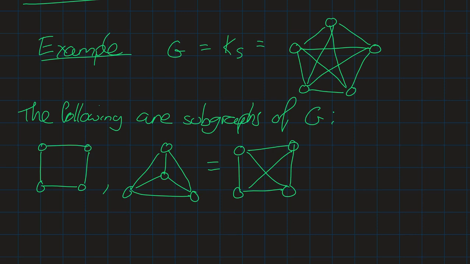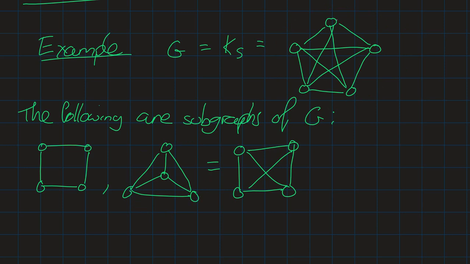These two graphs are isomorphic. And now I'm going to try and find this graph hidden inside K5 somewhere. So I could do that's a square, and now I just need the diagonals like that. So it's secretly hidden inside there. So this is a subgraph of this, which means that this is a subgraph of this.